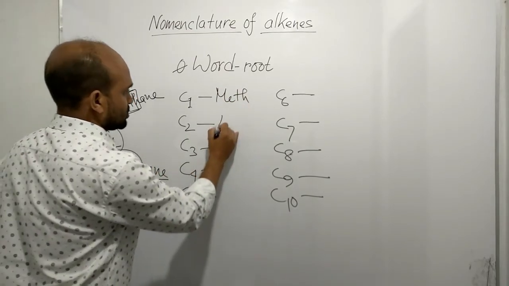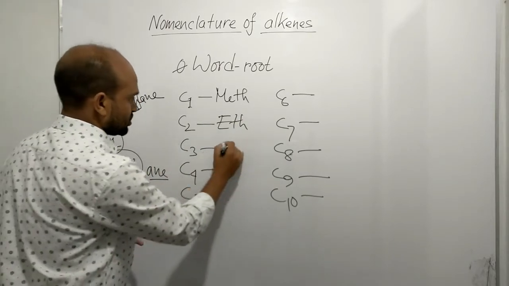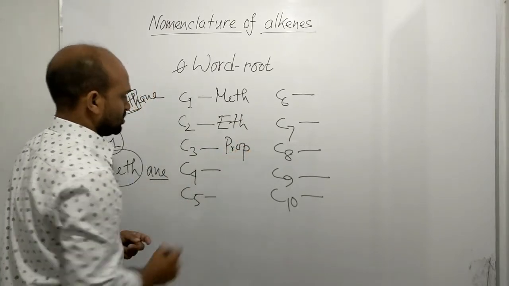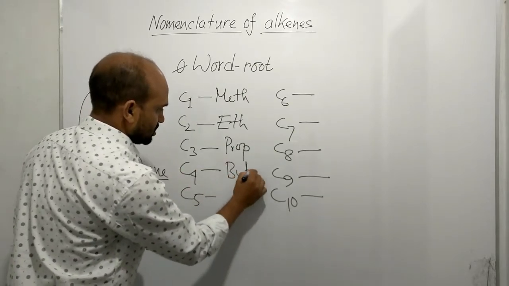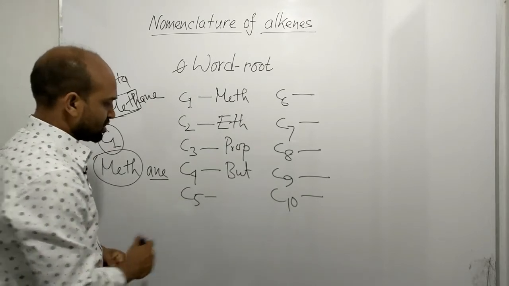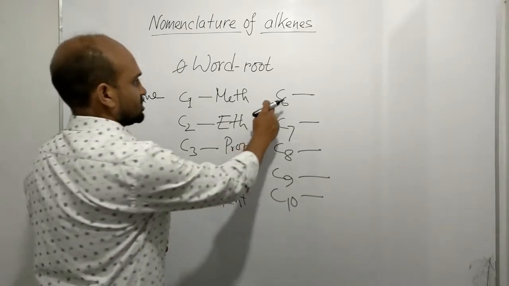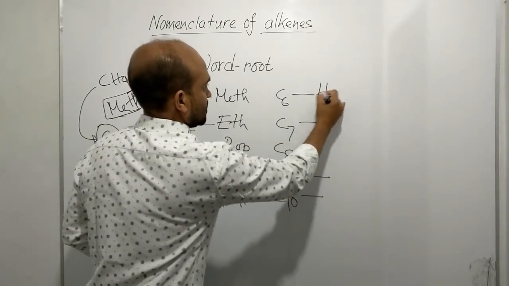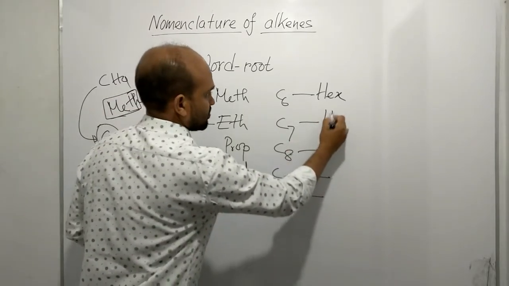For two carbon atoms, eth. For three carbon atoms, prop. For four carbon atoms, but. For five carbon atoms, pent. For six carbon atoms, hex. For 7 carbon atoms, hept.